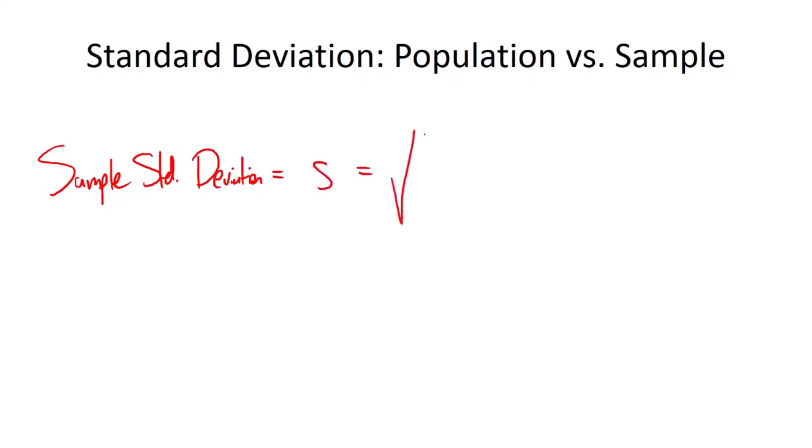You're dealing with sample means and sample sizes, and you subtract the 1. The reason for that is complicated, but the moral of the story is when you take a sample, if you don't divide by n minus 1, your standard deviation will be what we call a biased estimator. And so the n minus 1 is a correction to make it unbiased. That's the simple answer.